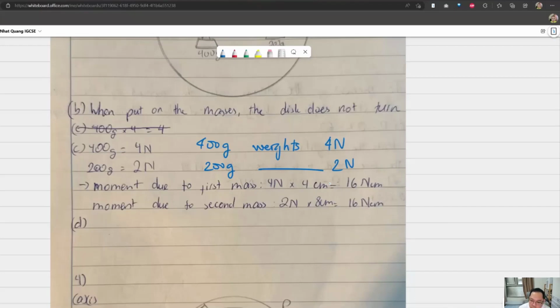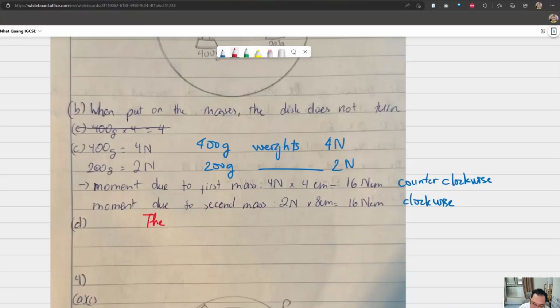First mass, counterclockwise on the left, and the other moment in the clockwise direction, they are the same. You need to write another conclusion: the two moments are the same, okay?